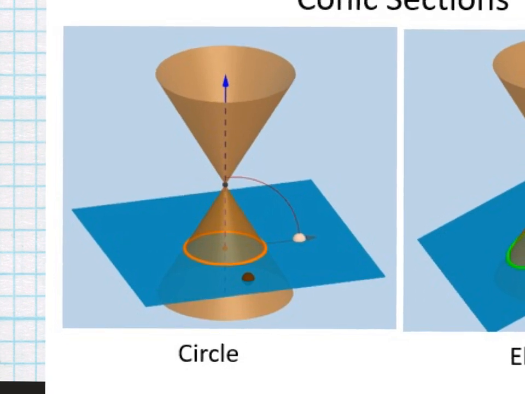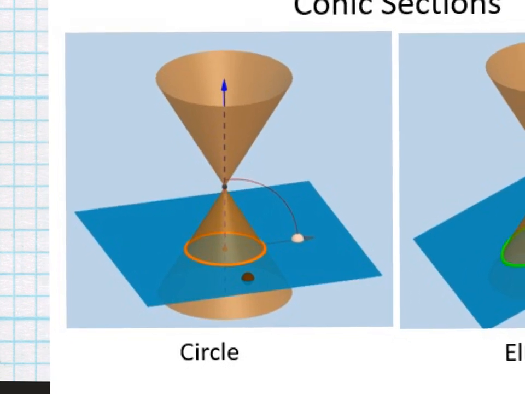So if you take a look at this, the way we create a circle is by intersecting one of the cones with a plane. And you can see this right here. That is telling you there's an angle between the axis and the plane. So to make a circle, that's a perfect 90-degree angle. So a circle can be created just by having a perpendicular plane to the axis.